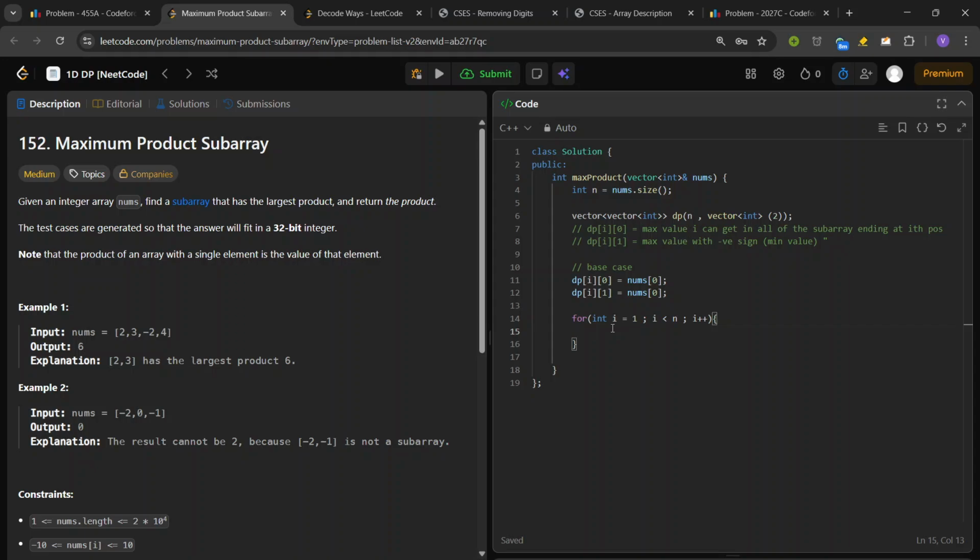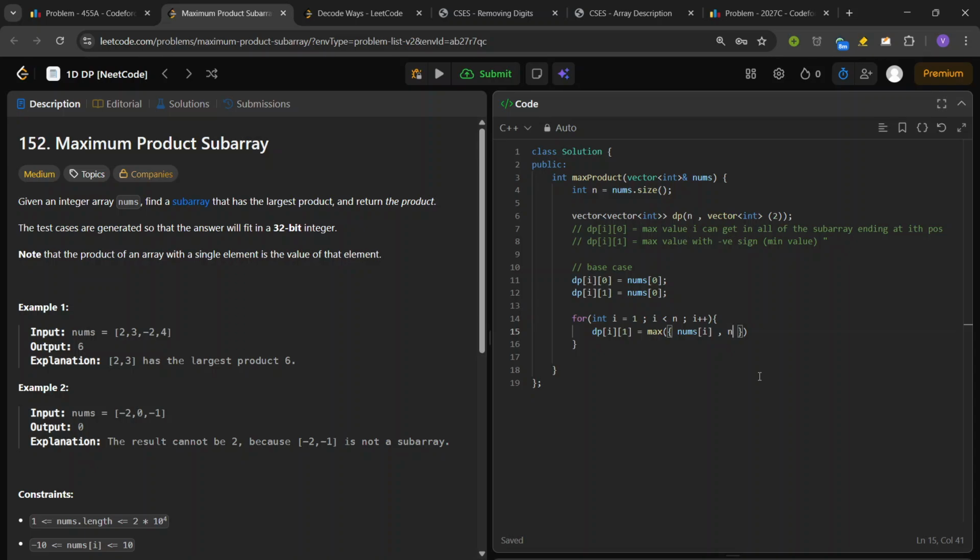Now I have to count this thing. How is the transition going to look like? So dp of I and 1 is going to be the maximum of these three values. What three values? One option is you take only the ith element, because a subarray of length 1 is also possible, right? And you have to see for it.